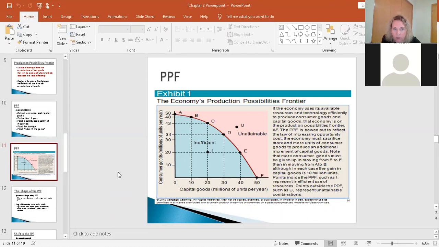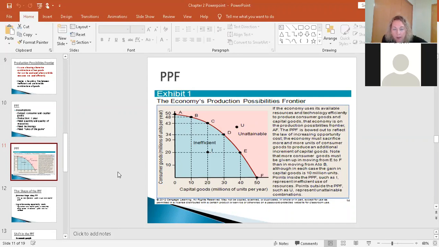What's the opportunity cost in terms of consumer goods? 2 million, okay, because we went from 50 to 48. So we only had to give up 2 million units to gain 10 as we move from consumer to more capital.